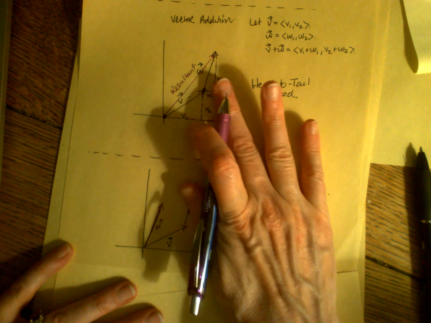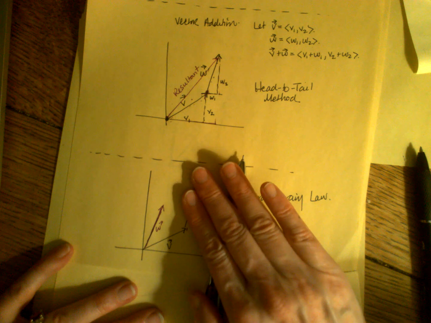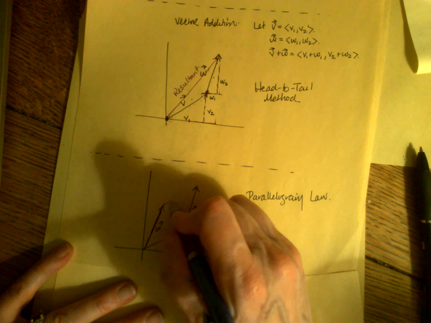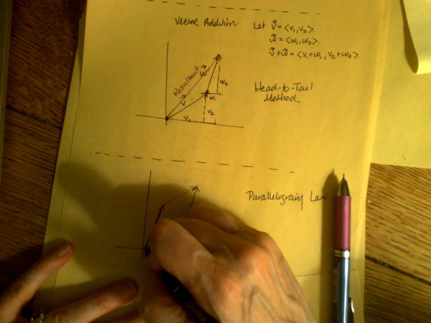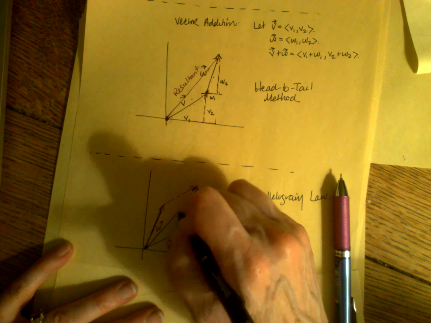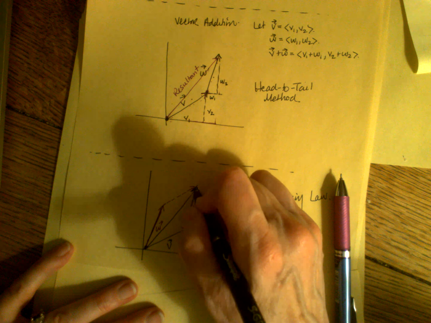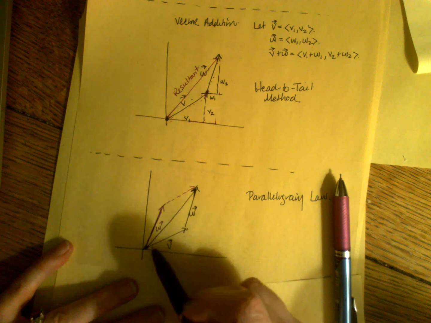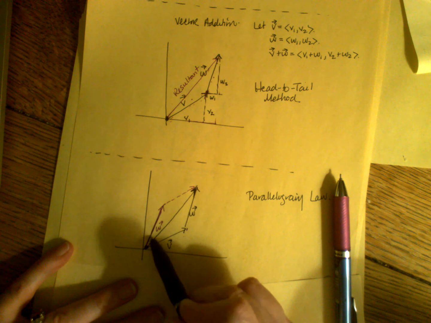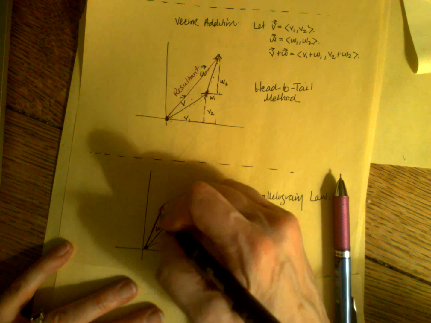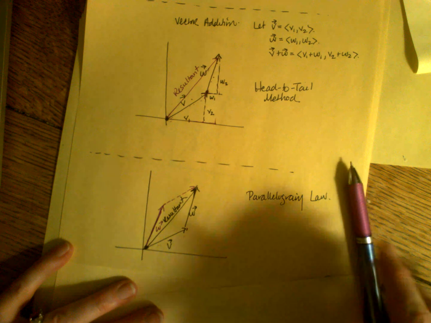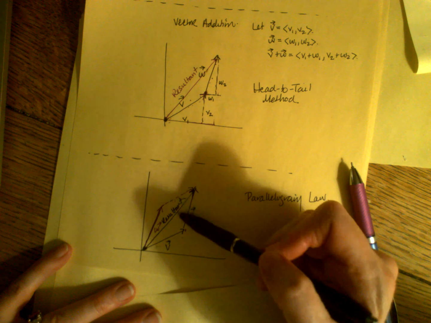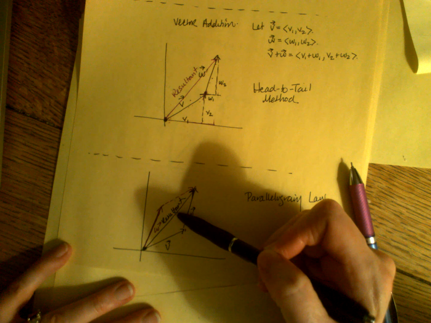Now vector v and w are tail to tail, and I complete the parallelogram, and the resultant is the diagonal of the parallelogram, where the tail of that resultant again is at the tail of w and v. So this is the resultant. Okay, so these are two ways to geometrically add vectors. You're going to want to know how to do that.